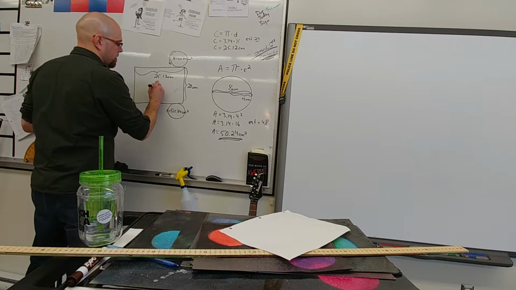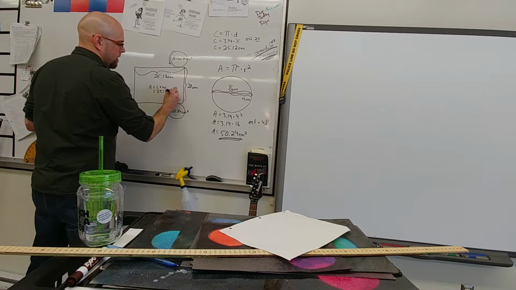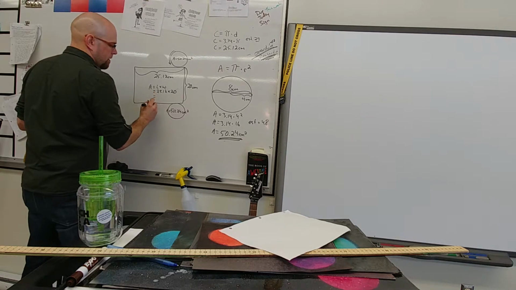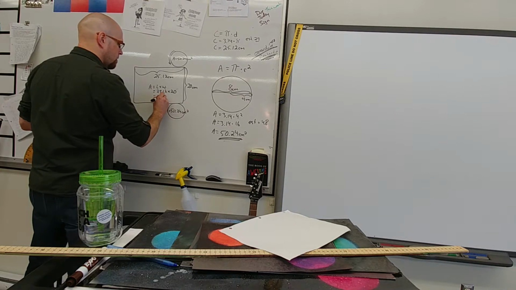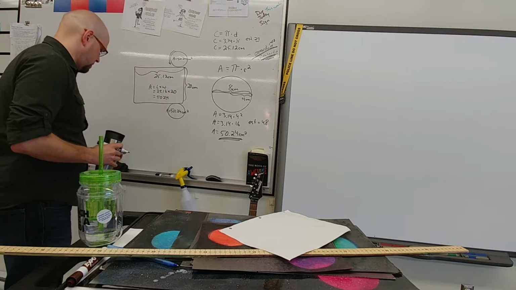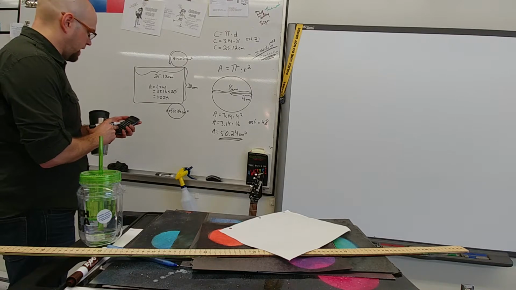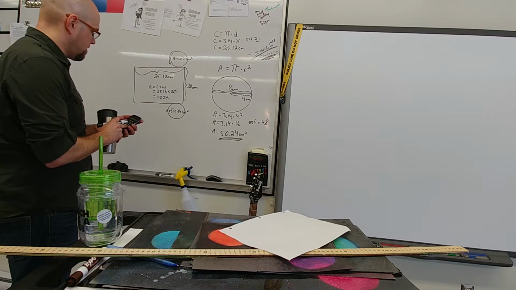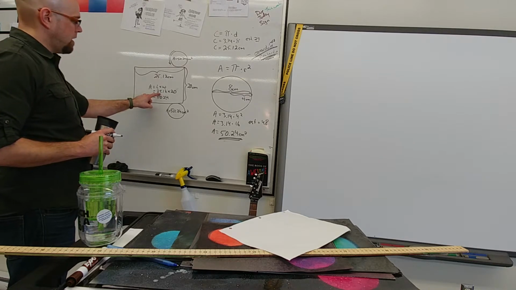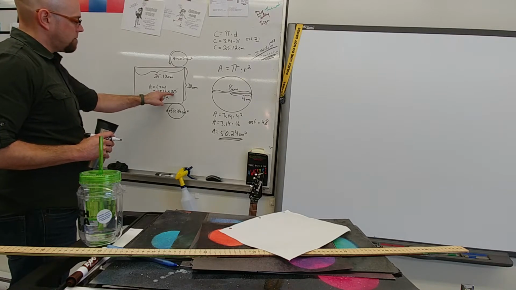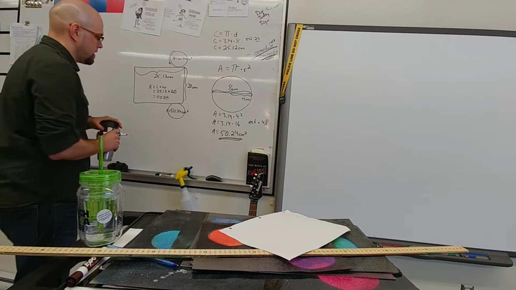But I know the area of a rectangle is length times width. The length is 25.12 times the width is 20. That gives me, I think, 502.4. Let's see if that's correct, because I did that in my head. It is. If I do a rough estimate, I know that 25 times 20 is 500, so that sounds reasonable.